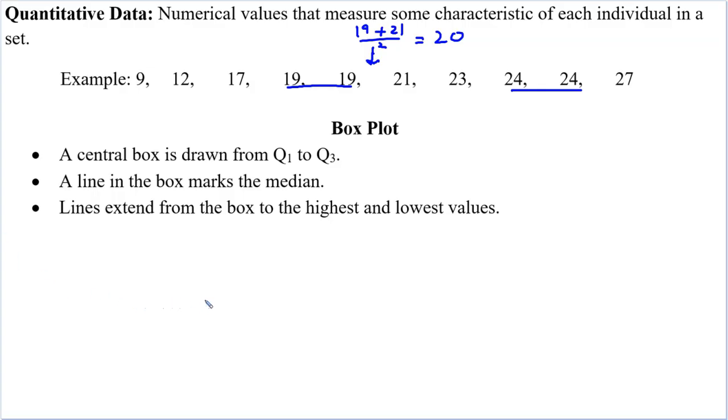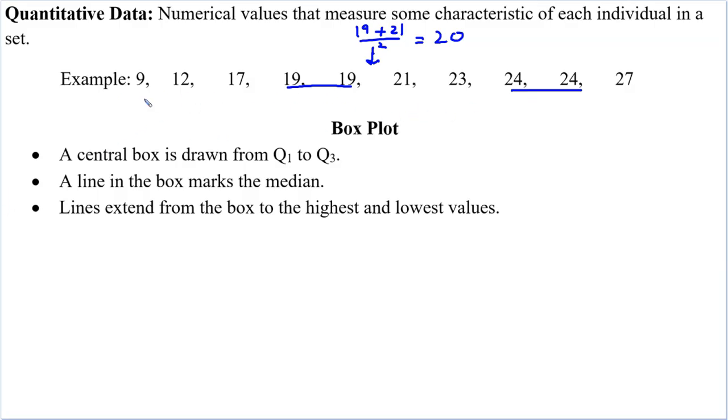Now, we're also going to look at ways to display our data, and one way is with a box plot, where a central box is drawn from Q1 to Q3. Now, Q1 stands for quartile 1, and Q3 stands for quartile 3. That's just the middle of the bottom and the top. So essentially the median of my bottom set of data and top set of data.